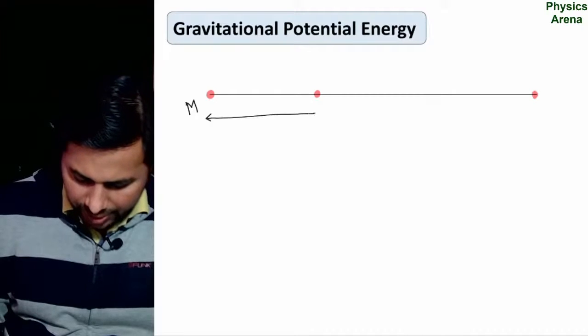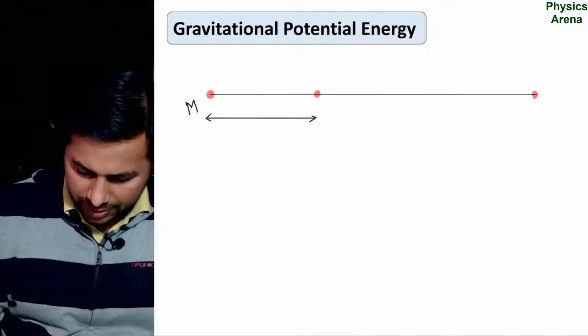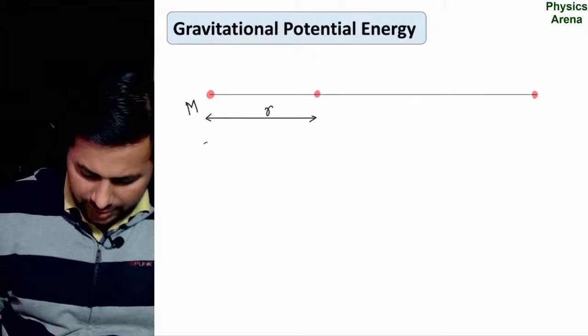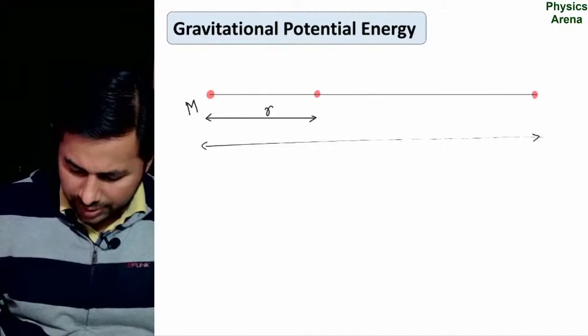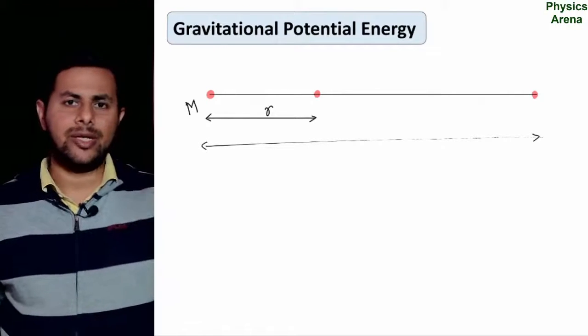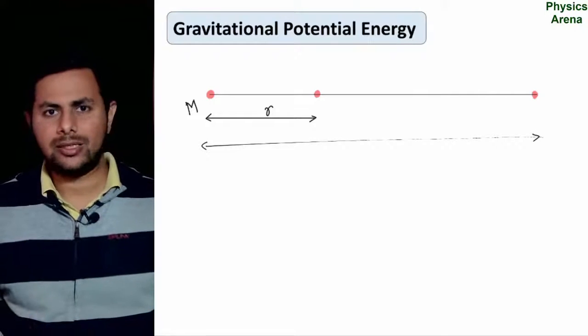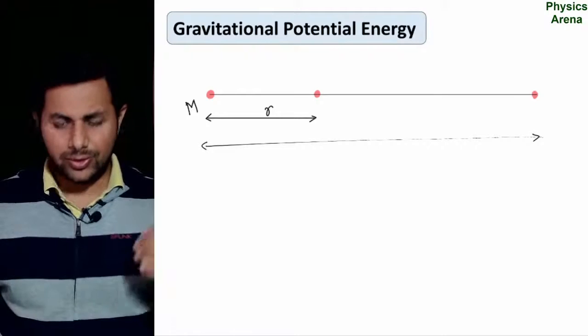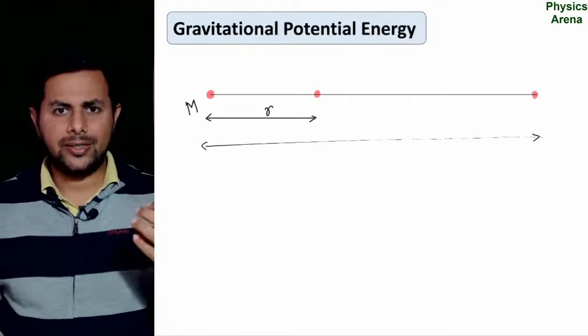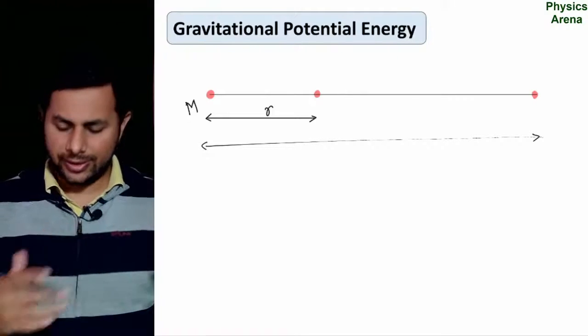Let's suppose this much distance is R, and this is some intermediate distance. I'm bringing that mass from very far away, a distance which I cannot measure, that is, from infinity. While bringing it, there will be some intermediate distance, let's call it x.